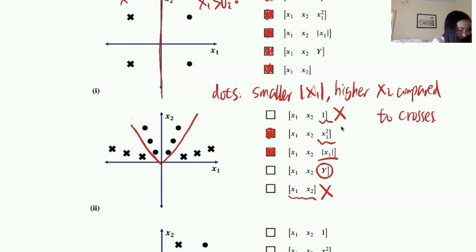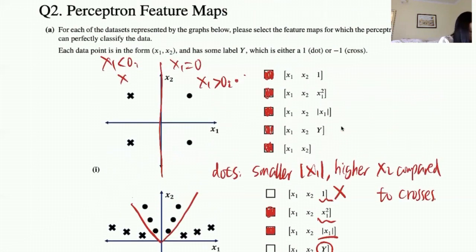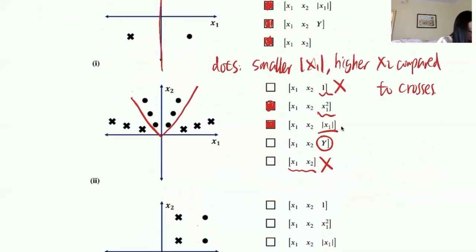Given y, we will definitely be able to perfectly classify, because in this case we only need y as a feature to do the prediction, since we already know it. So this choice will always be selected for all the cases with different positions of these points.